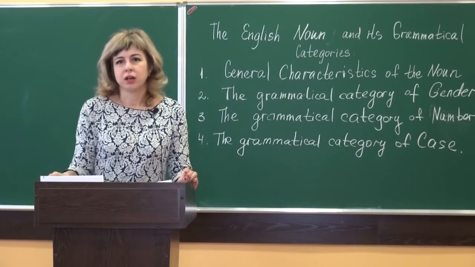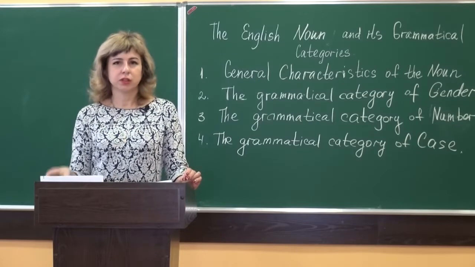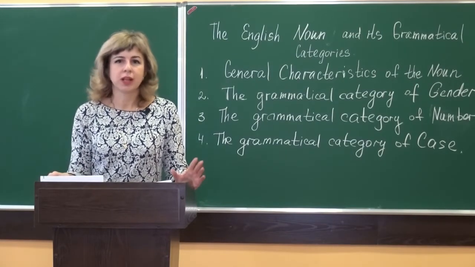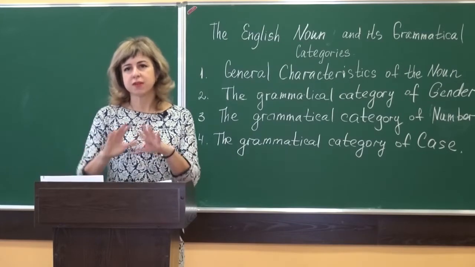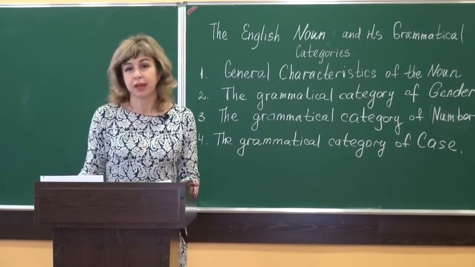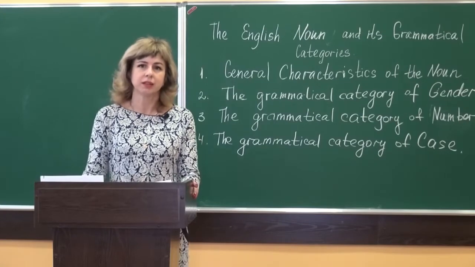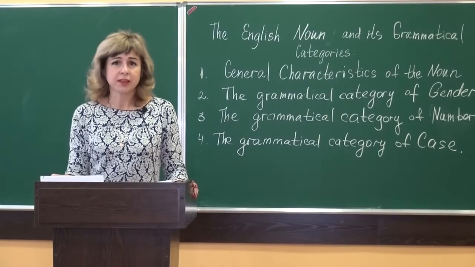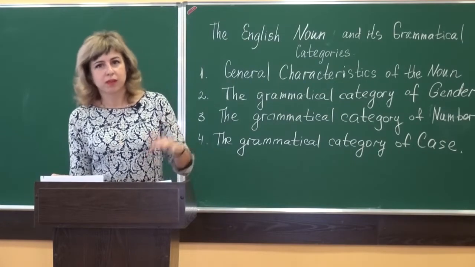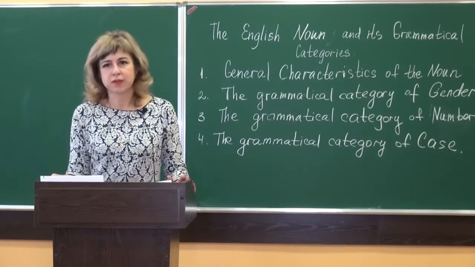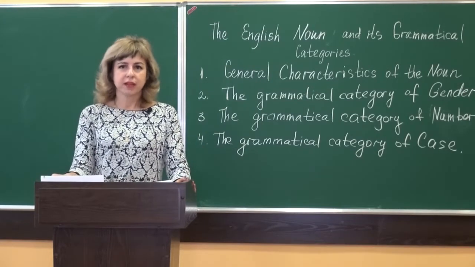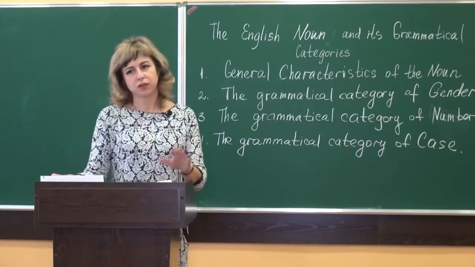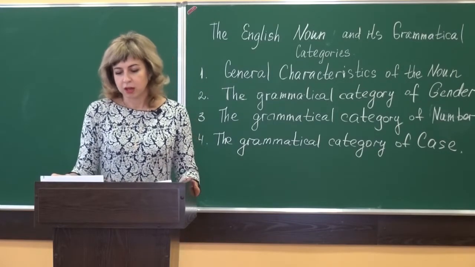opposition. The formal marker of plural of this opposition is the plural ending, which is constituted by a number of phonetically and grammatically conditioned allomorphs. Like we have the ending z in boys, girls, after the voiced consonants and vowels. We have the ending s after devoiced consonants like students, books, and the like.